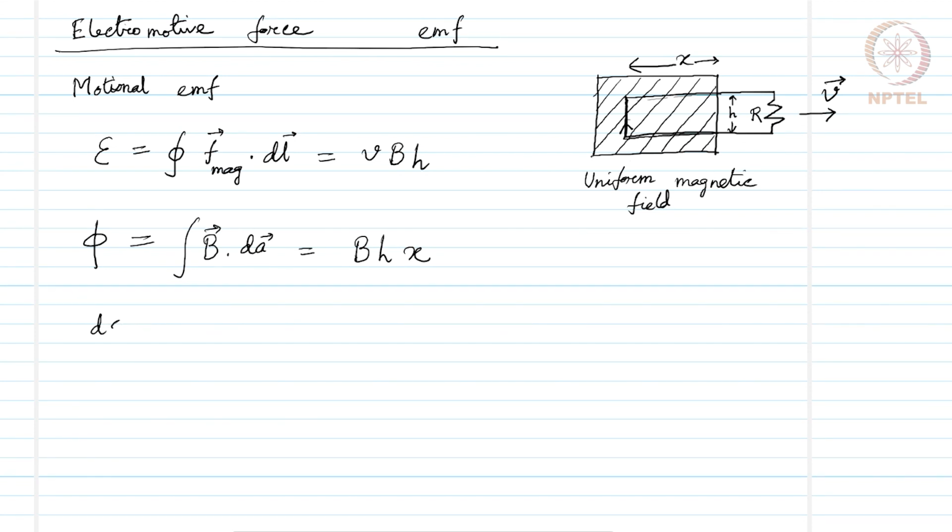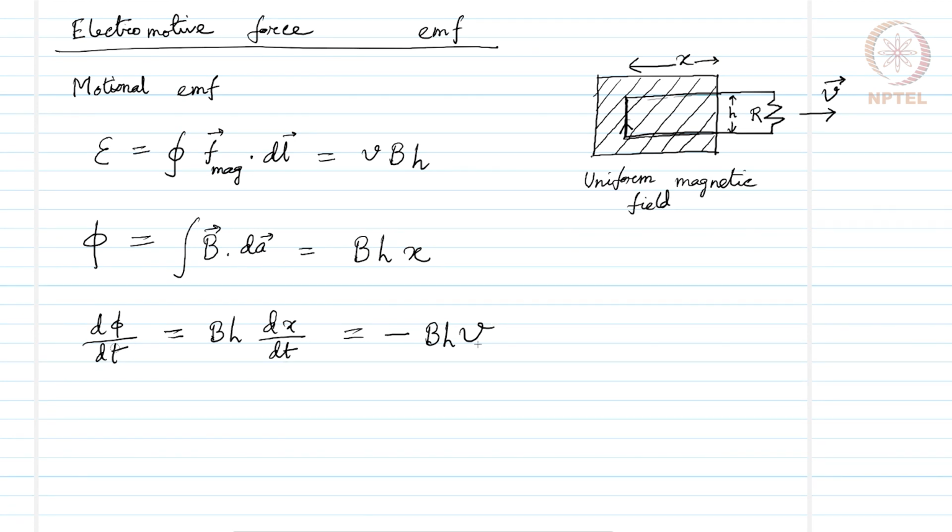So, d phi dt can be written as B times h times dx dt, which is nothing but minus B h v.